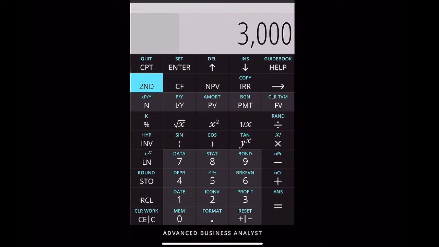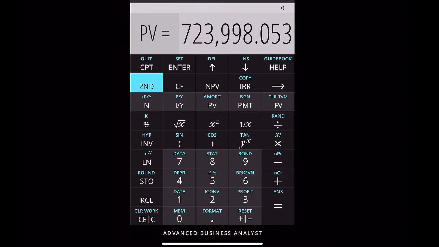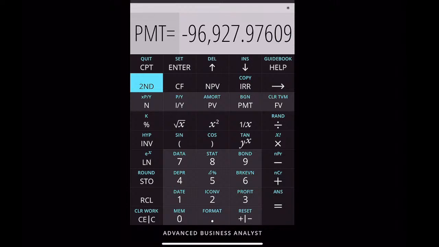Sorry, no, that's not 3,000. So now I want the present value, recall that $750,000 pension fund that I put into PV, and then I put 0 in FV and ask to compute what payment I can receive. So that comes out as a negative because I can receive that.